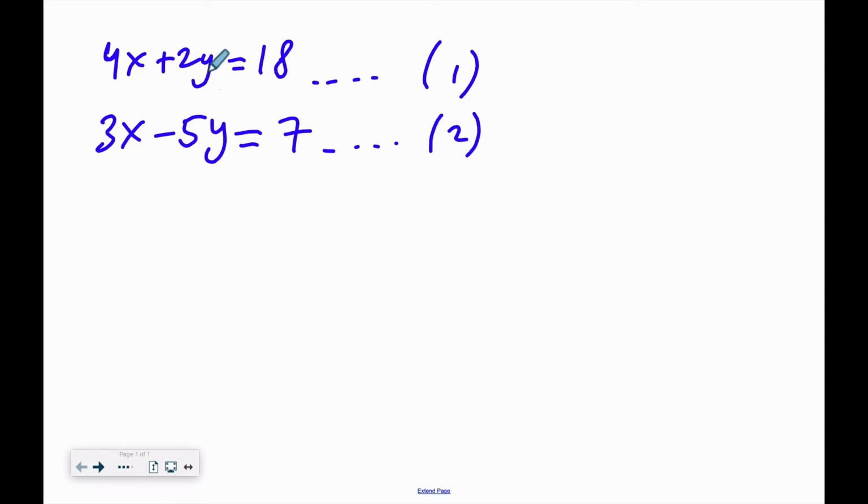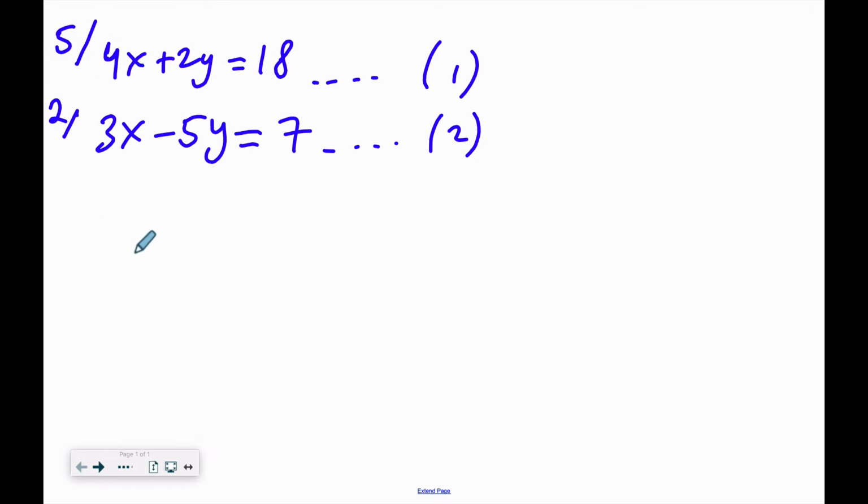So let's turn this 2y and negative 5y into the same number. We can do this by multiplying the first equation by 5, and the second equation we multiply by 2. This is the rule. We multiply 5 by each one of these numbers, even 18, and by 2 each one of these. So in practice it will be like this.